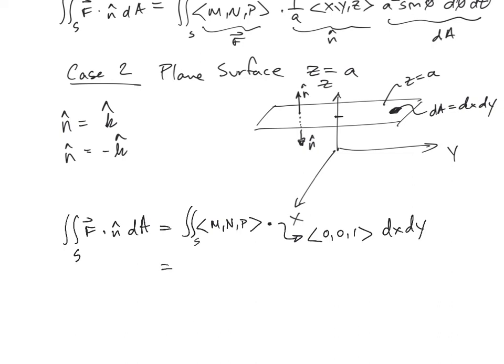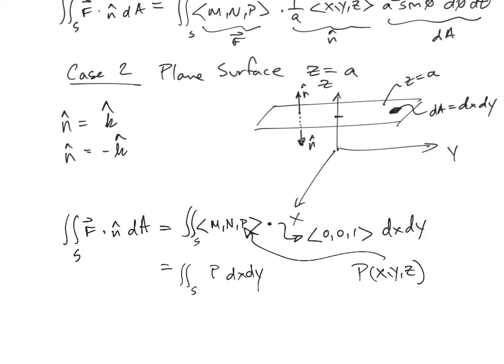Okay, so when I do this dot product, I'm obviously going to get P dx dy, where P is the z component of my vector field F. And P itself could be a function of x, y, z. This P is this guy here.